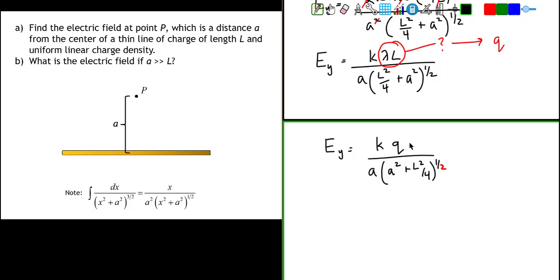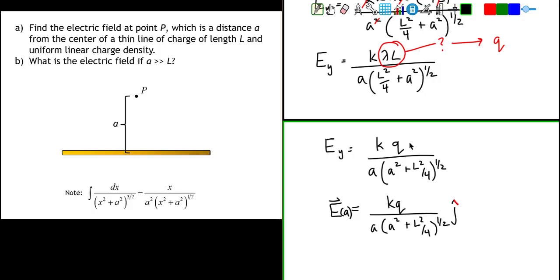And since this is integrated over all the charge, and since we only have a y component for the charge due to this line of charge at the point A, we could vectorize this and say the electric field at that point A is kq over A times A squared plus L squared over 4 to the 1/2. And let's go ahead and say the electric field at point A by putting that in parentheses. And this is along the positive y-axis, j hat.